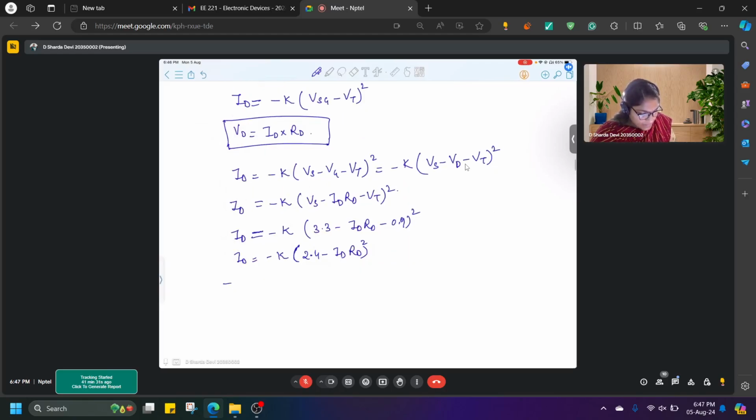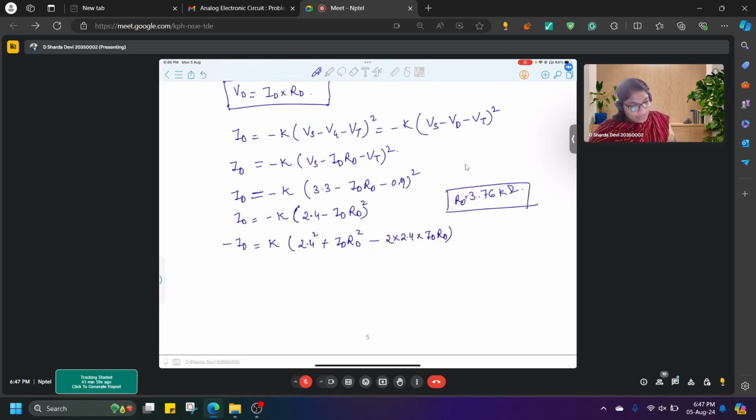So ID equals K times (2.4 squared plus ID RD squared minus 2 into 2.4 into ID RD). Here RD is also known, RD is 3.76 kilo ohm.